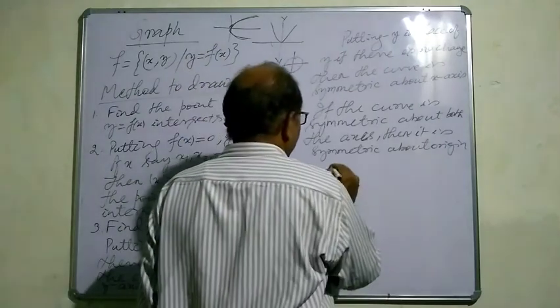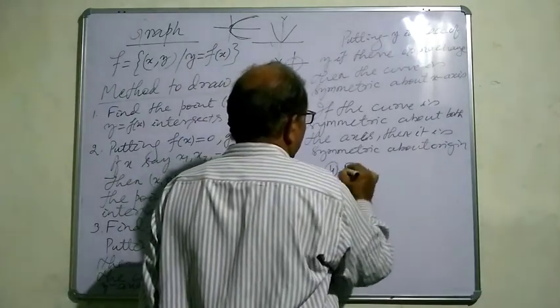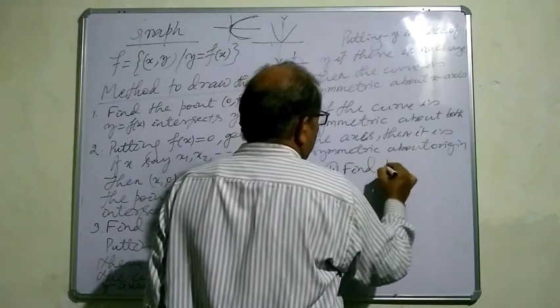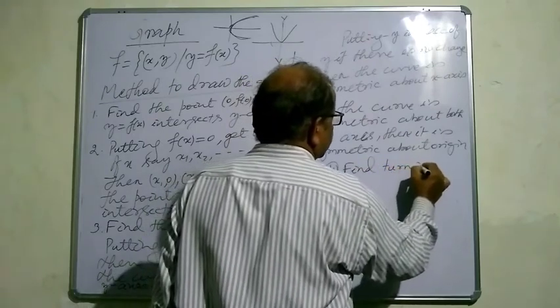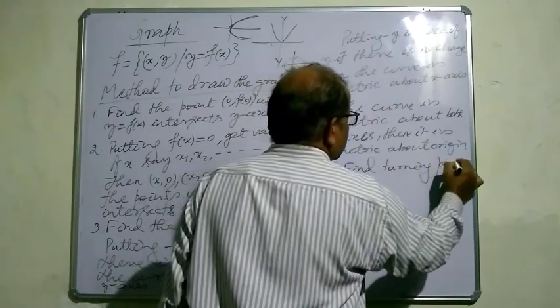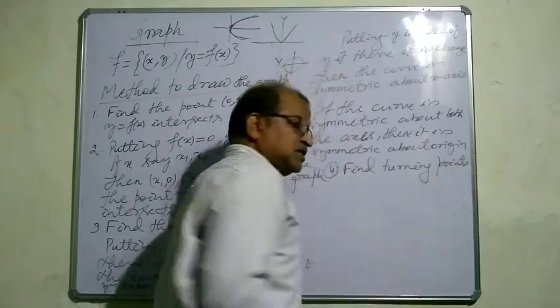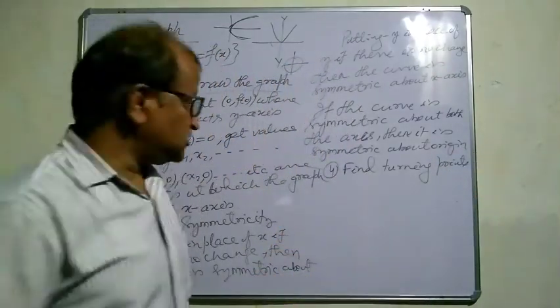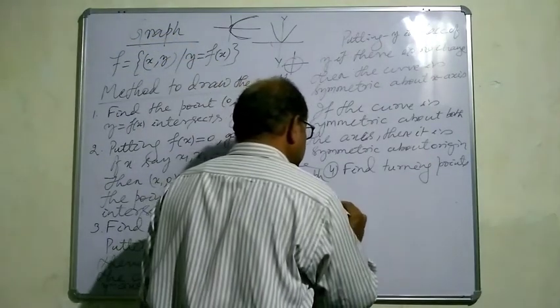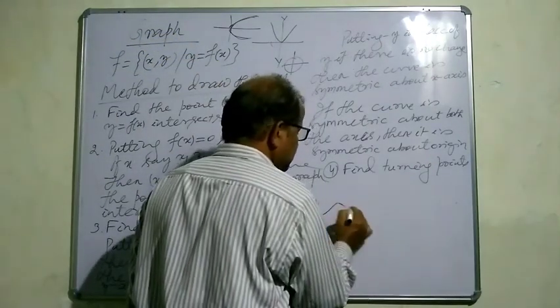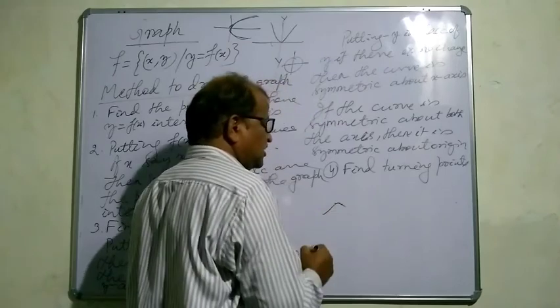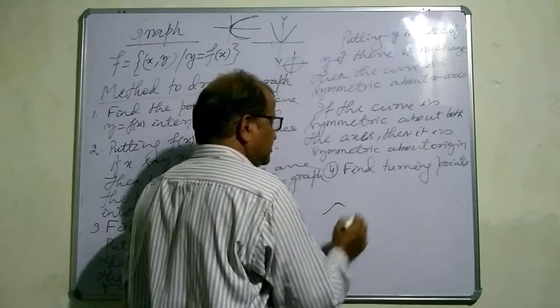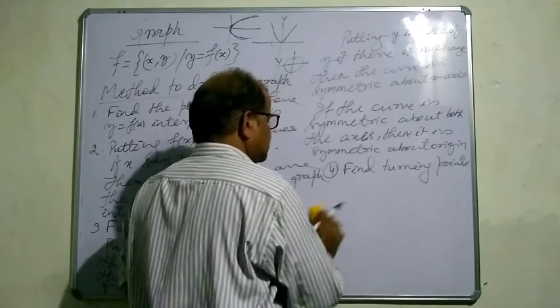Number 4, find the turning points. That means the point at which the graph changes direction. The graph is moving like this, it is increasing, and next it is decreasing. This is a turning point. Find the turning points.